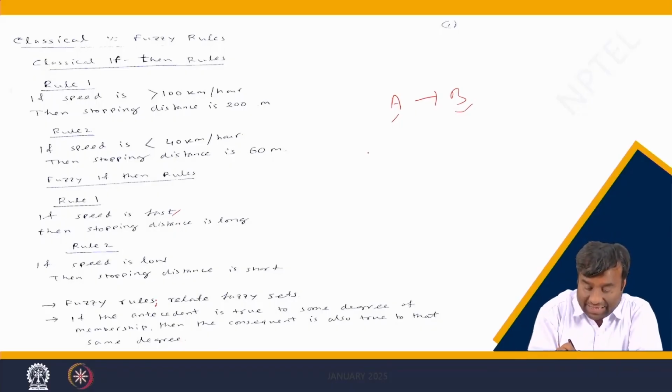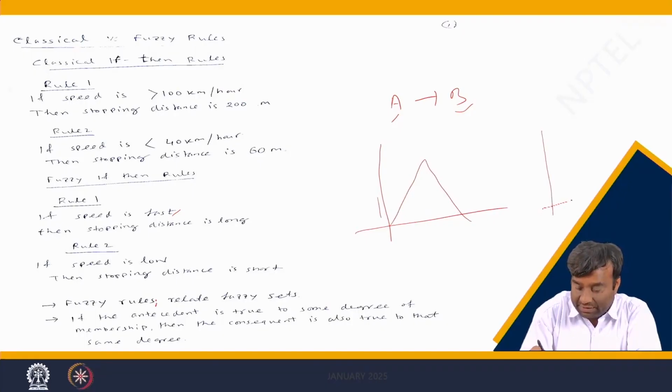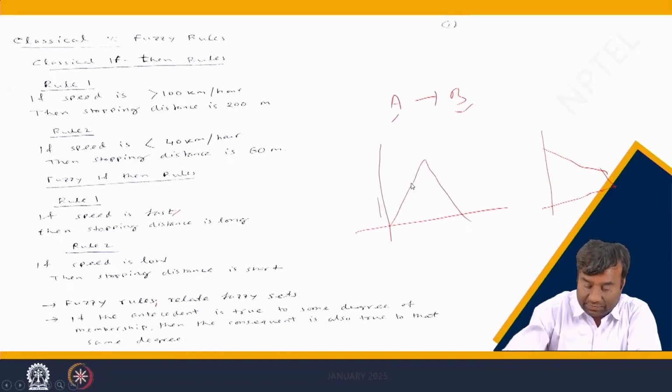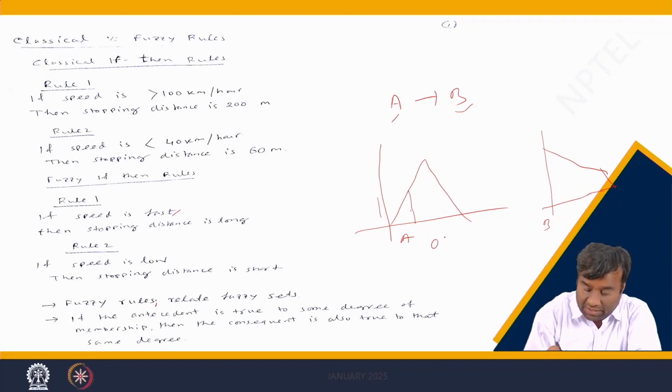Suppose this is A and this is B, and the membership value of A is 0.3. Then the membership value here is also 0.3. This will be the output.